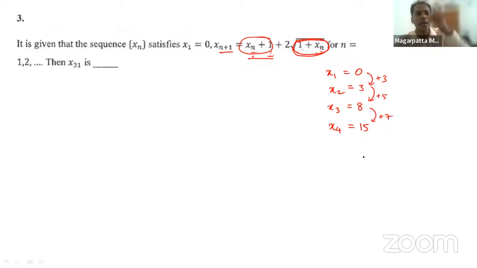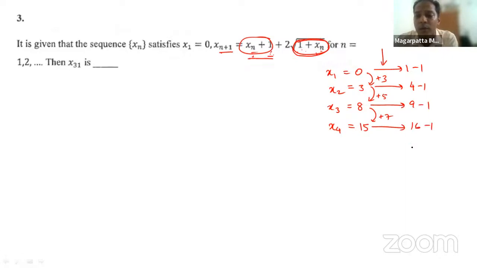Whenever the difference is in an AP, the terms would have some quadratic relation involved. If your observation is further sharp, you would be able to notice 1 minus 1, 4 minus 1, 9 minus 1, 16 minus 1.